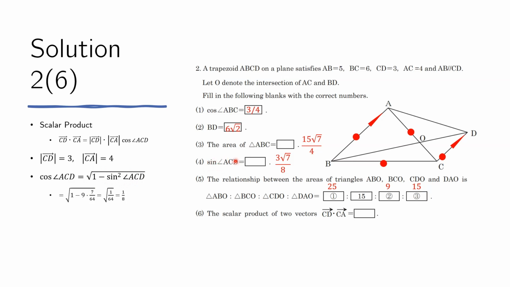So we just replace the sine there with the given value, which is square root of 7 over 8. And so we obtain cosine of the angle to be 1/8. Now we just plug this into the expression, and we obtain 3/2.